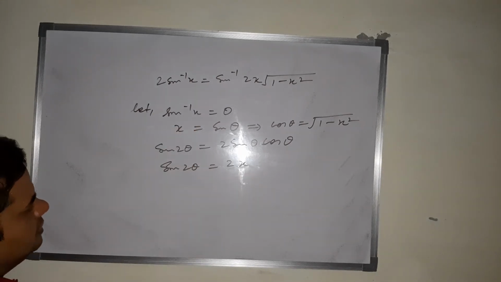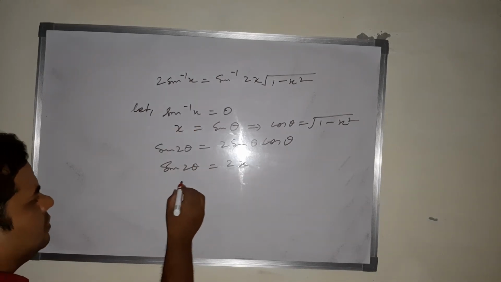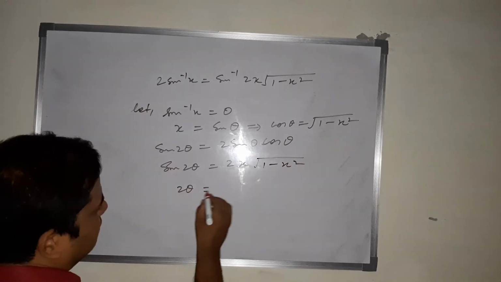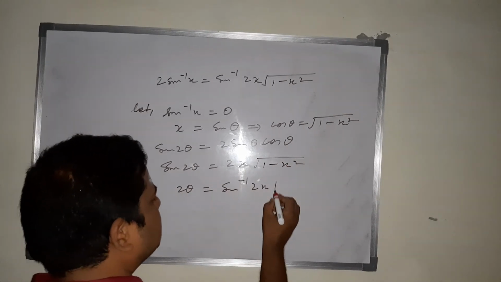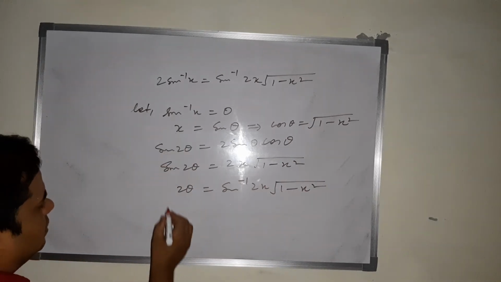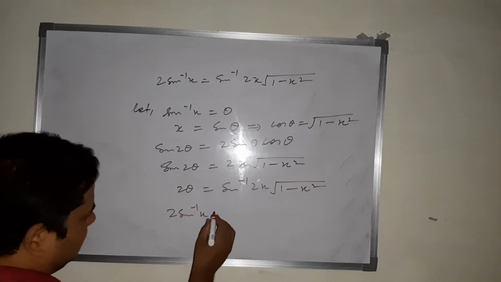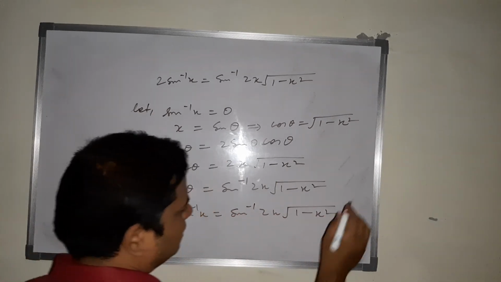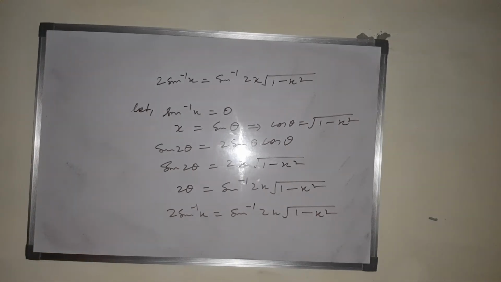So 2 theta is equal to sin inverse of 2x root of 1 minus x square. So theta is what? Sin inverse x. So 2 sin inverse x is equal to sin inverse of 2x root of 1 minus x square. Okay.